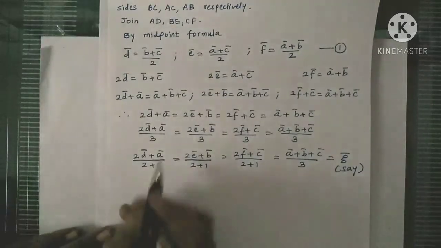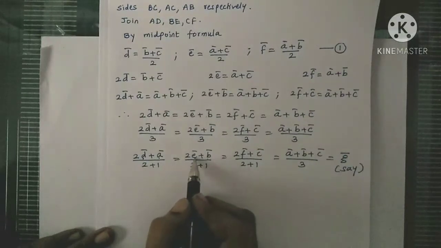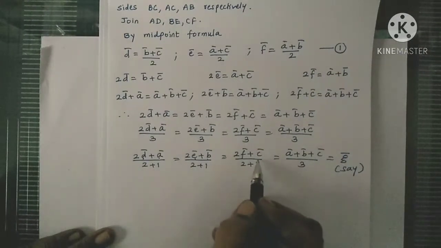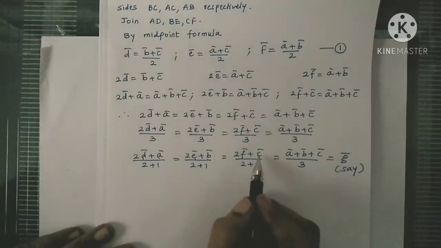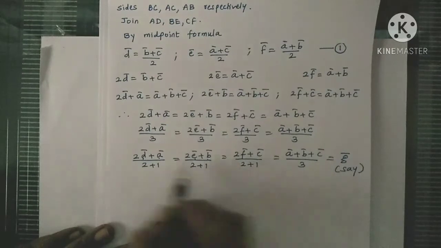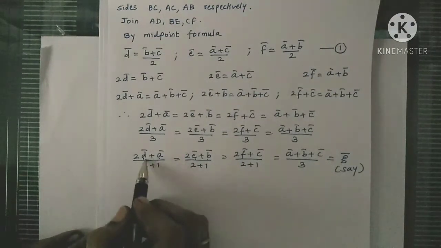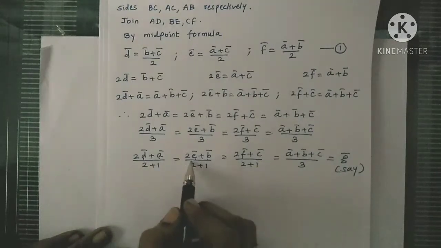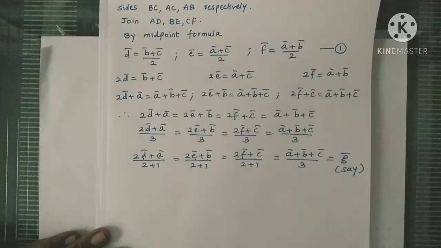Now see here, this point lies on AD, this point lies on BE. This position vector 2 f bar plus c bar upon 2 plus 1 will be position vector of a point on CF, and we have the equality. That means this point lies on AD as well as on BE as well as on CF. So it is one and the same point.